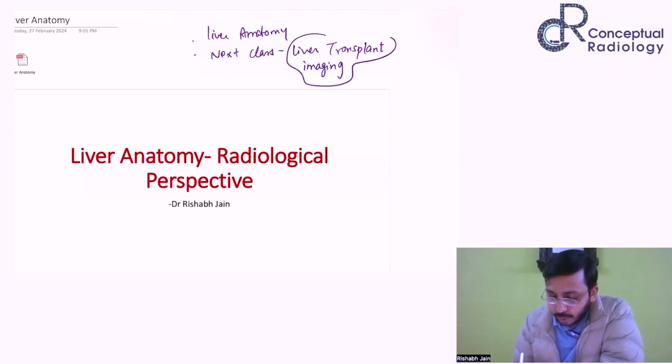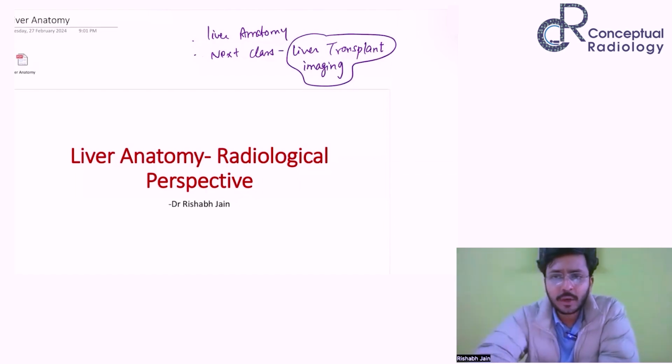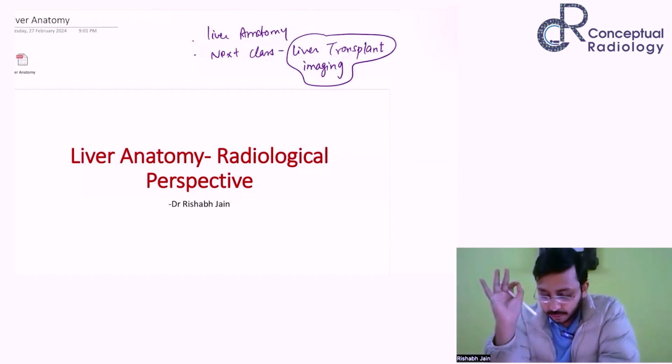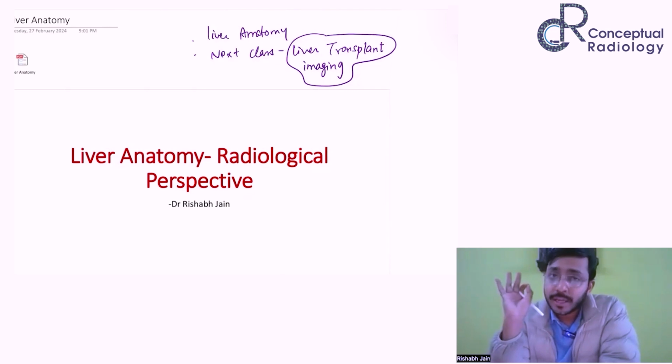Not a lot of hospitals have a proper format of how to do a transplant imaging workup. So, A, this is asked in your final MD exit exams. B, if you join corporate hospitals which are doing liver transplant, they're very specific about what you have to include in your reporting format. So we'll cover this in the next class.